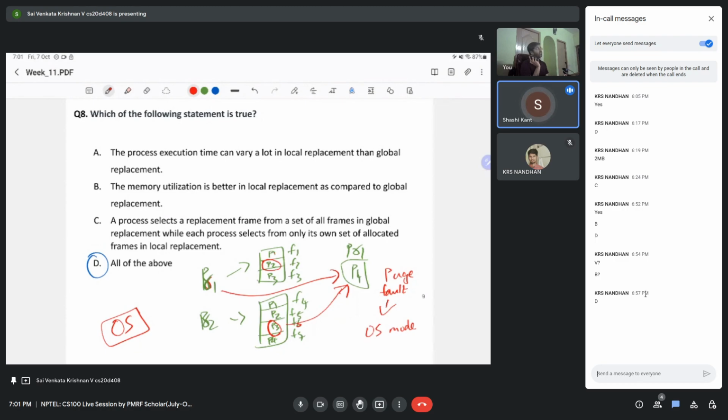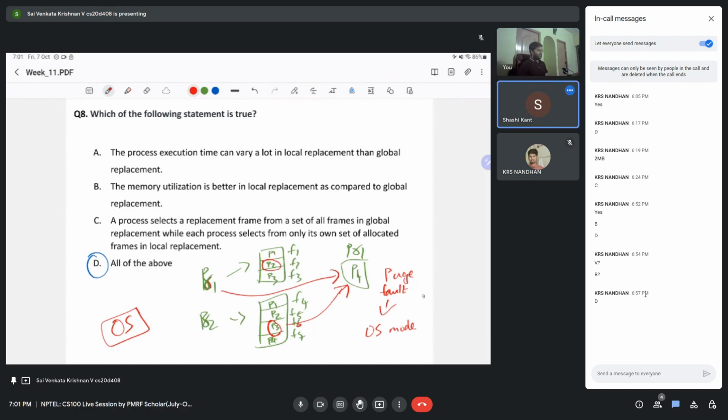It's not possible for a process to access another process's page, but it's possible for the OS. Of course, the OS should have full control over all the processes, as the medium of interaction, cooperation, everything. So that's what the OS is all about, the memory management and those things.